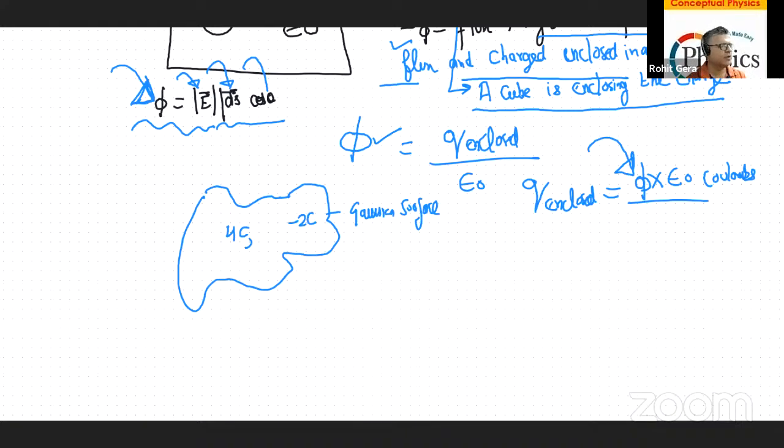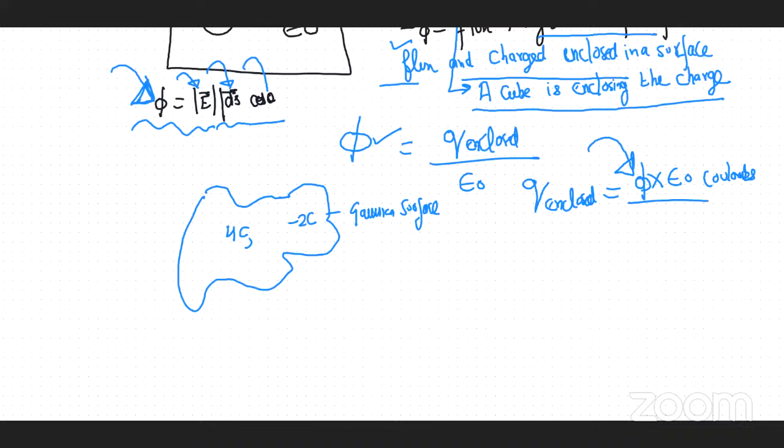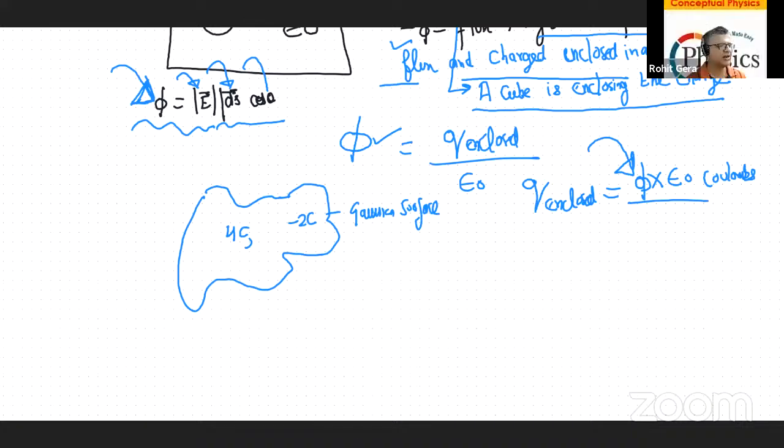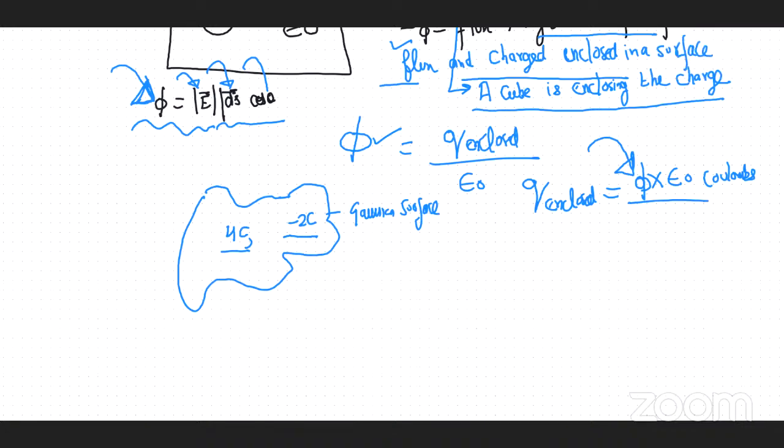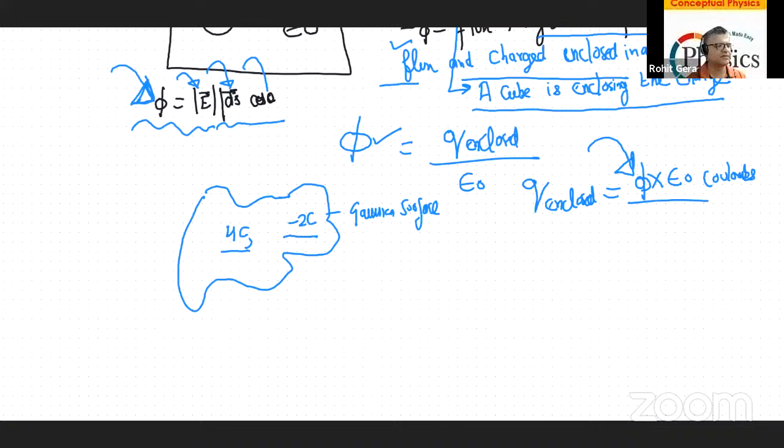The question is, if you know the charges enclosed in the Gaussian surface, please tell us the flux associated with this Gaussian surface. How much flux will be cutting through this surface? How will you do this? The concept is this. But now I've given you two charges.